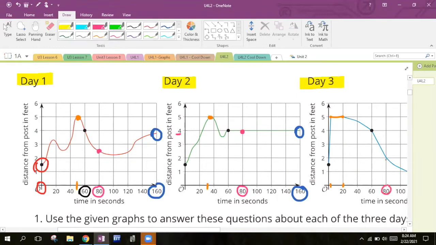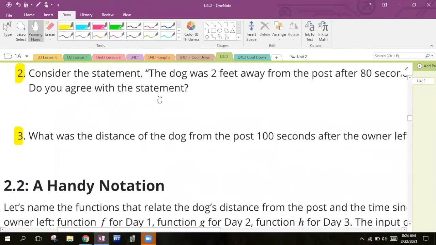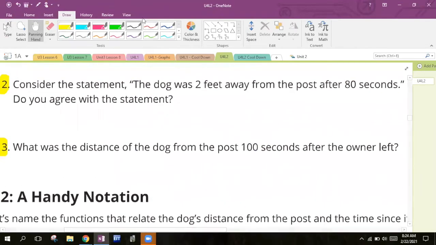On day 3, is he 2 feet away? Yes, he is. So do you agree with this statement? Well, what does it depend on? It depends on what day they're talking about.